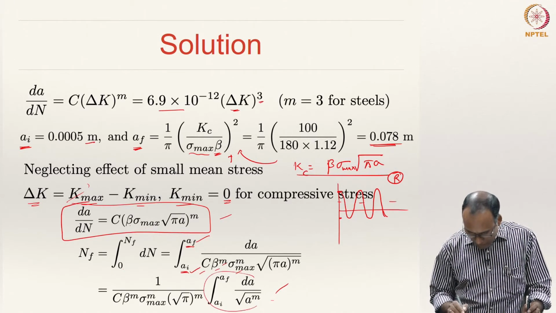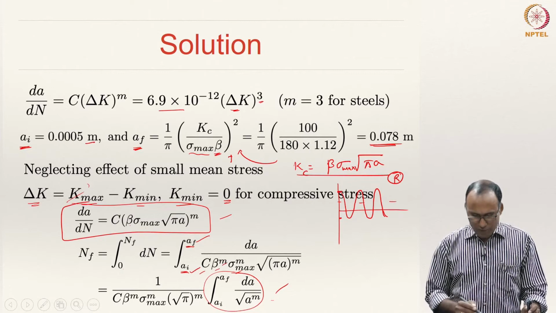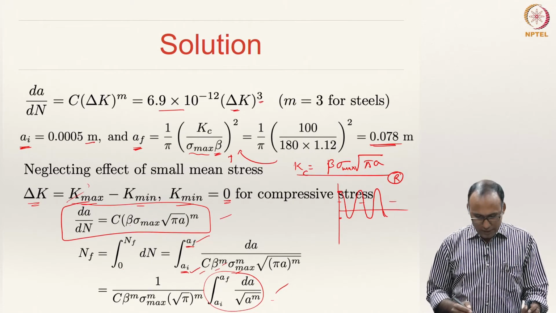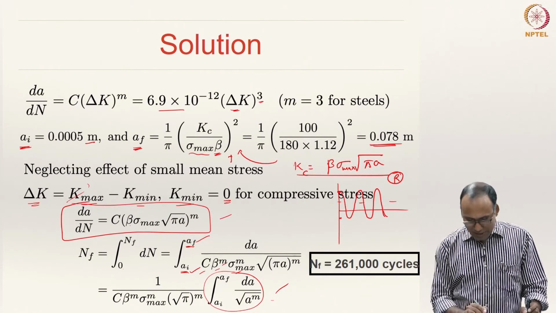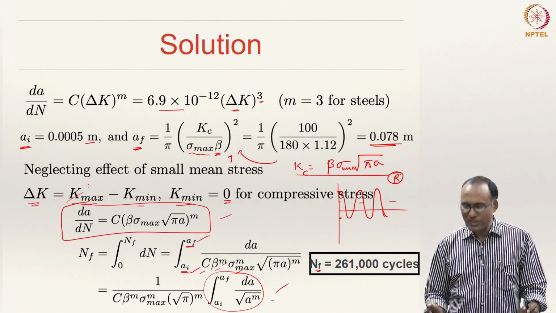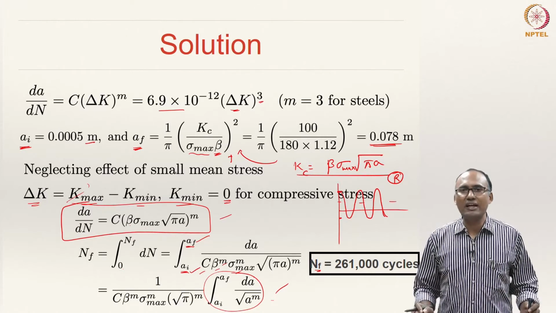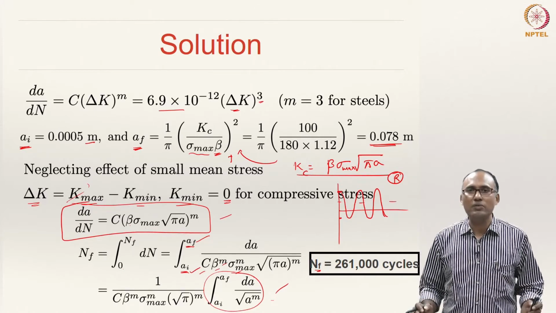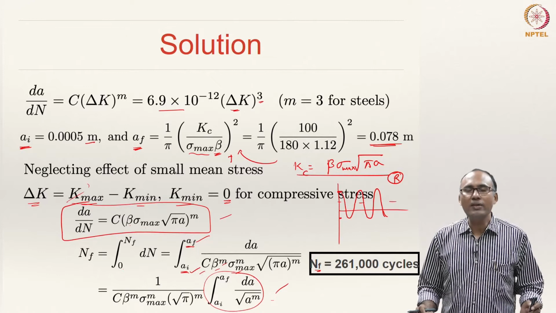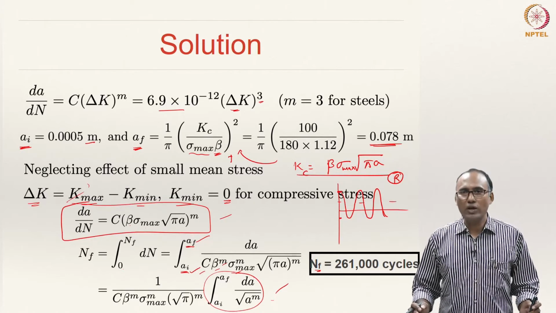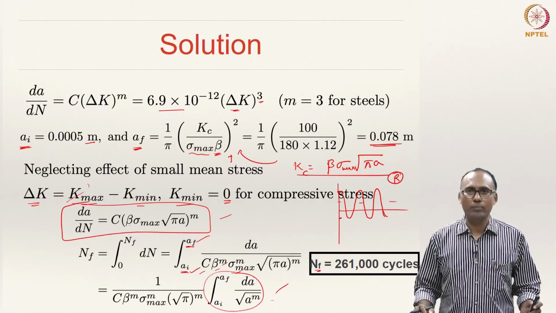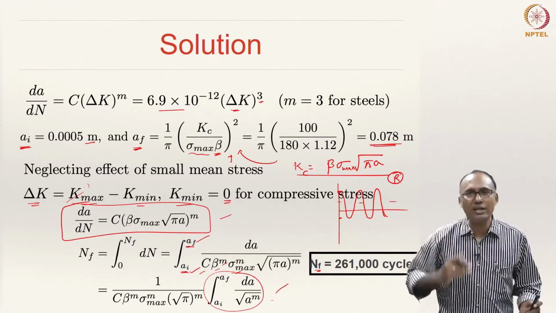you can find the definite integral, and all the values are known, and then plug that in, and you will be able to calculate Nf equal to 261,000 cycles. That means, when you have the initial crack length to be 0.5 mm for this given system, you can run the equipment for 261,000 cycles, provided in between you are not doing any repairing.